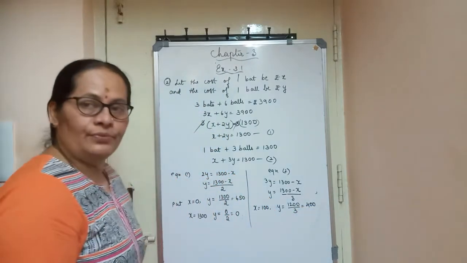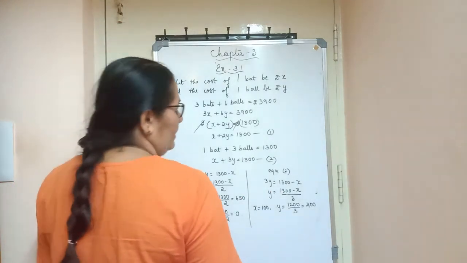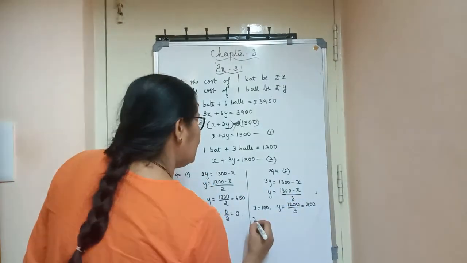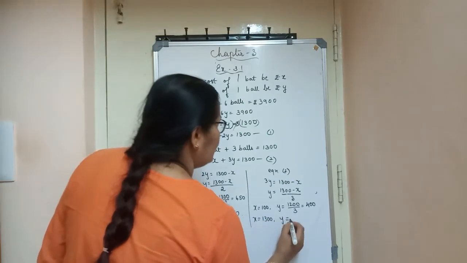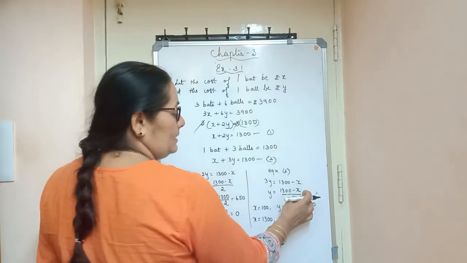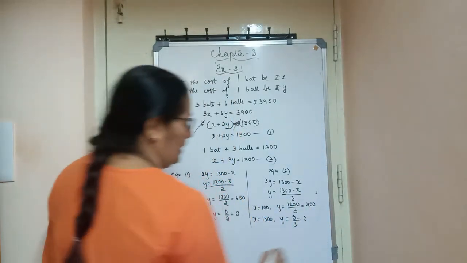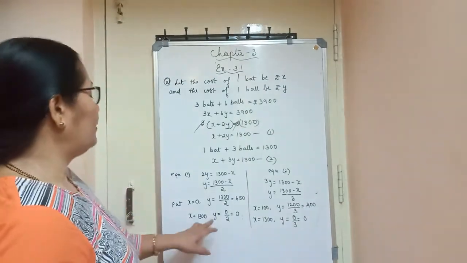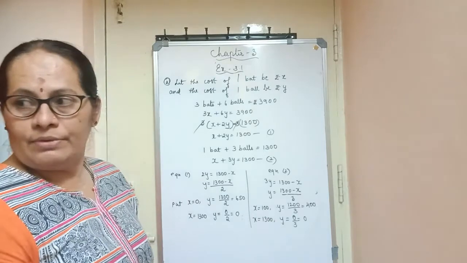So y is 400. Now one more value you can take here. If you take x as 1,300, then y equals 1,300 minus 1,300, which is 0, and 0 by 3 is 0. So like this you got 2 coordinates for equation 1 and 2 coordinates for equation 2.